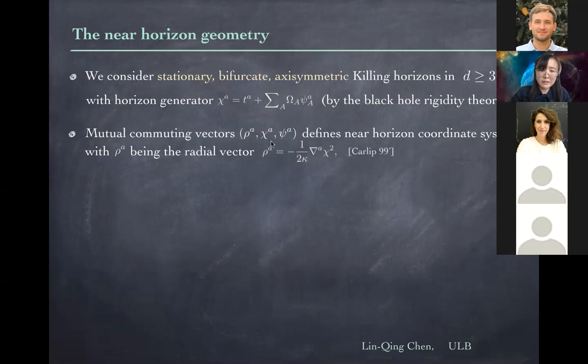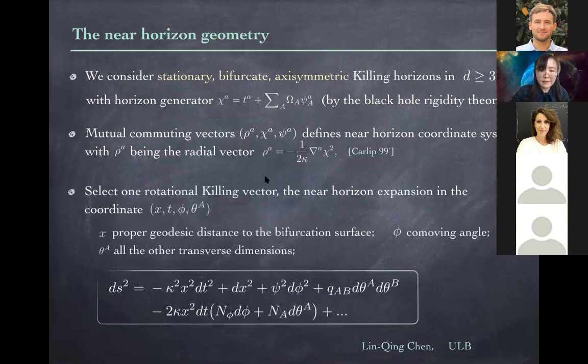This radial vector will be the same as the horizon generator when taking the horizon limit. And so, spanned by such commuting vectors, we will have the near horizon expansion written in this Rindler form.